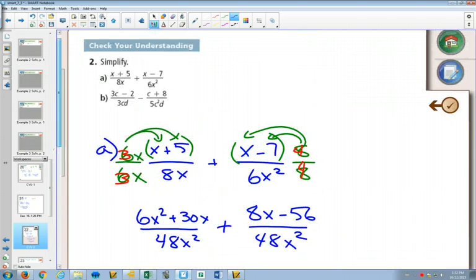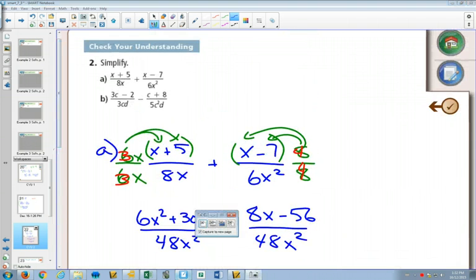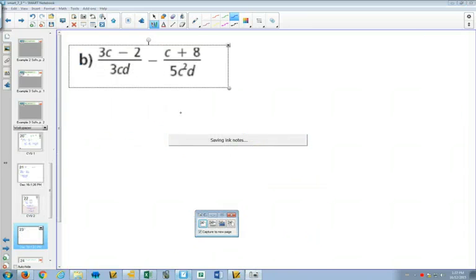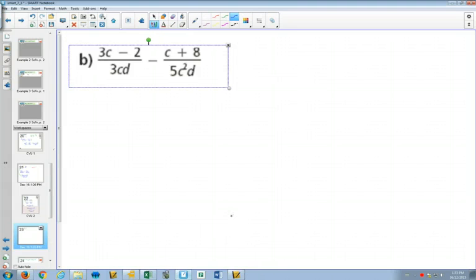So for part B here, again, if we're looking, what's missing in that first denominator? 5c and 5c. This will get grouped together. What's missing here? Just 3.